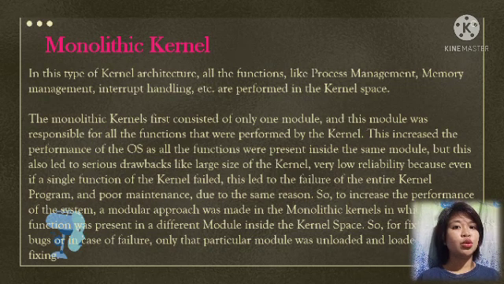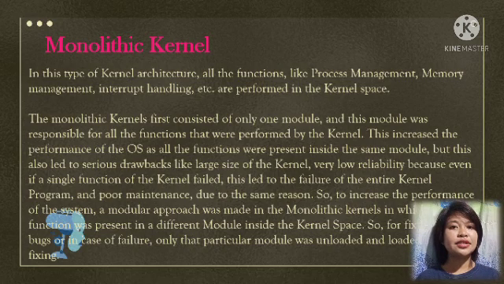Number 1 is the monolithic kernel. In this type of kernel architecture, all the functions like processor management, memory management, interrupt handling, etc. are performed in kernel space. The monolithic kernel consisted of only one module, and this module was responsible for all the functions performed by the kernel.